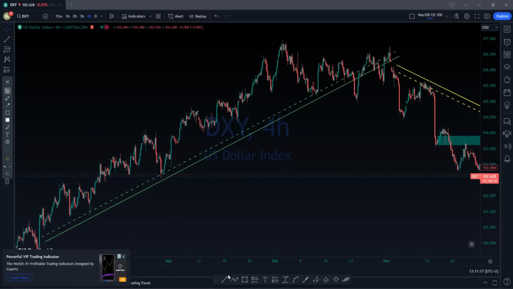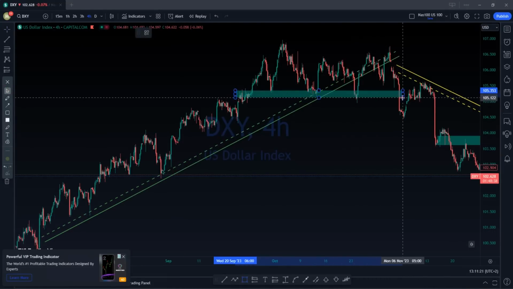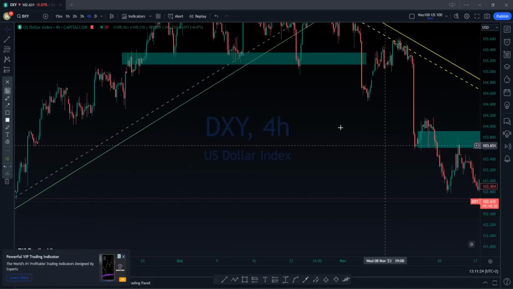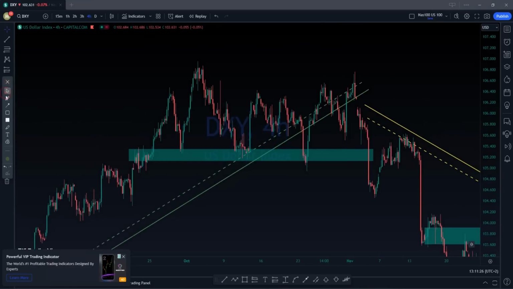Let me just draw that. The market is breaking out here on top, but when we check, we have this area where there is a chance for the market to come back and respect.